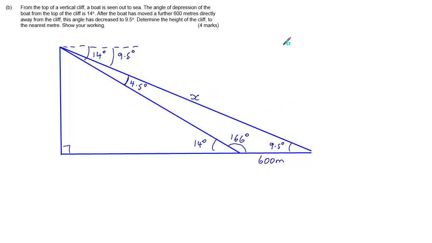So, using the sine rule, we have x over sine 166 is equal to 600 over sine 4.5. So we can find x from that.